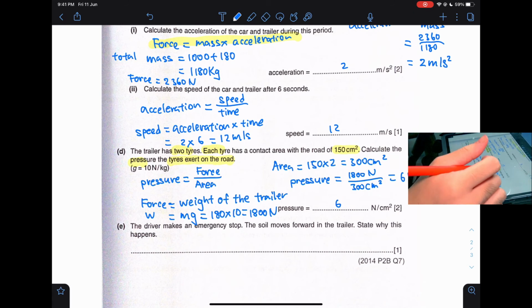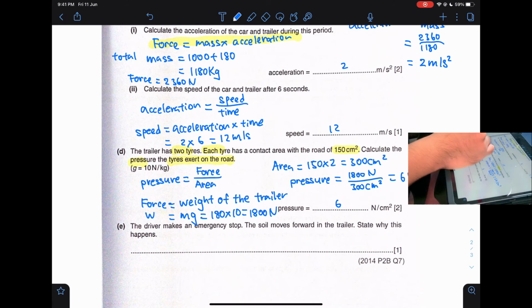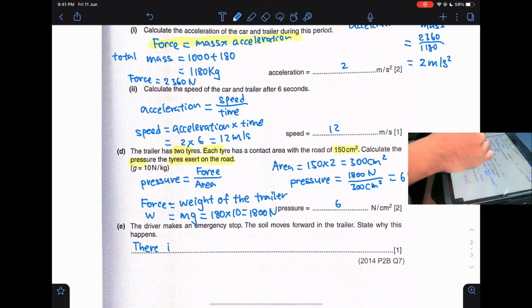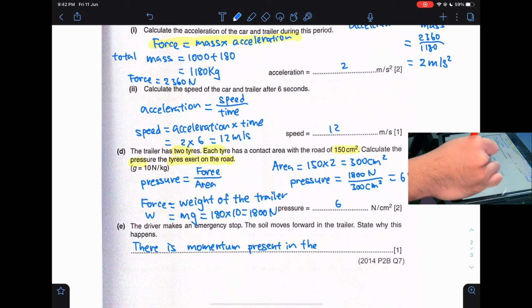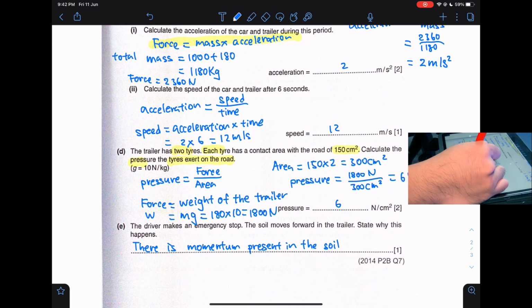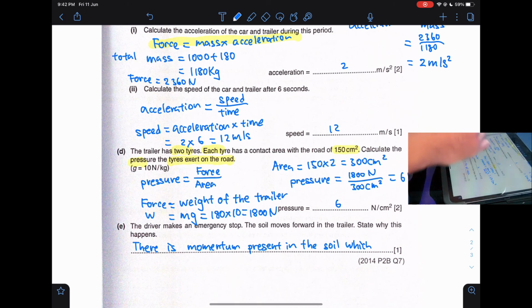So when the driver makes an emergency stop, there will be momentum present in the soil, which causes the soil to move forward.